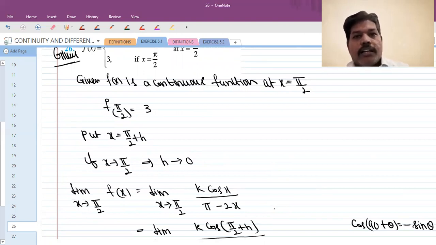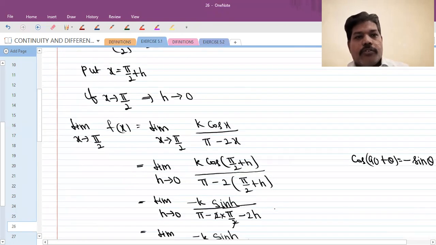So we have to calculate limit x tends to pi by 2 of f of x. So that's why I'm taking limit x tends to pi by 2 of f of x is equal to limit x tends to pi by 2 of k into cos x by pi minus 2x. In the place of x tends to pi by 2, it will become h tends to 0. And cos x will become cos of pi by 2 plus h, and pi minus 2 into x is pi minus 2 into pi by 2 plus h.